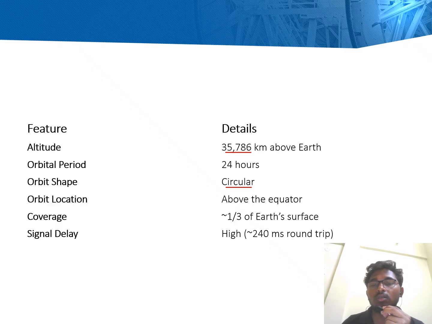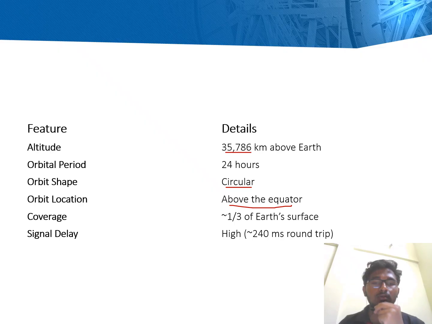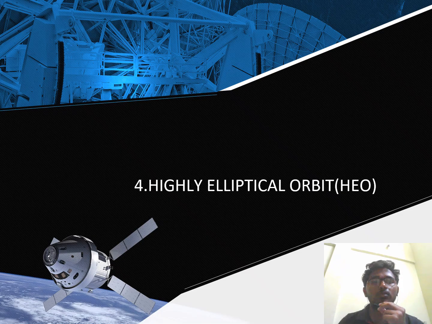Orbit location is above the equator, revolving parallel to the equator. Coverage is one third of the Earth's surface. Signal delay: because of the high distance from the Earth, it has a high signal delay. These are the features of GEOs. Now we go through the next one.